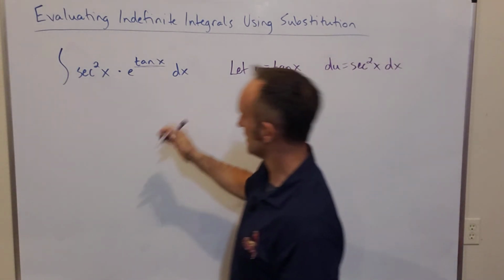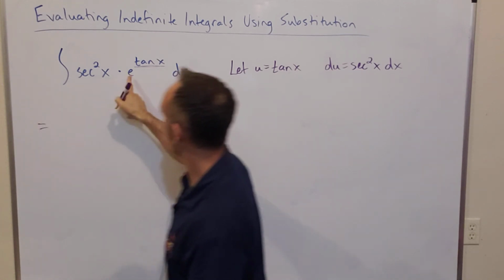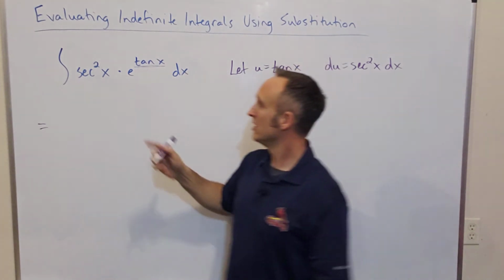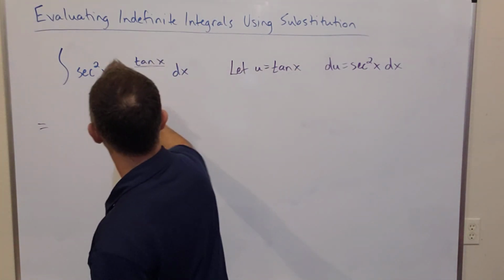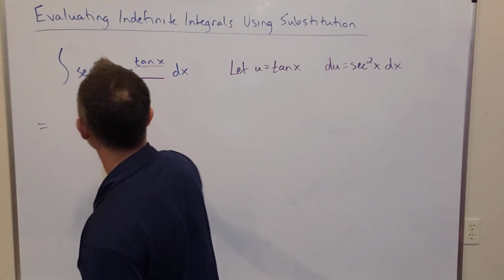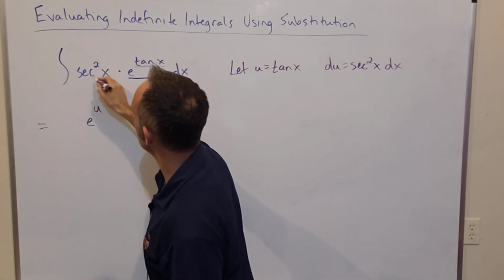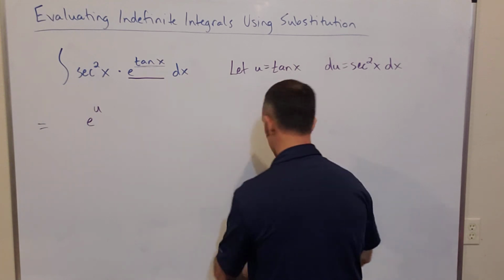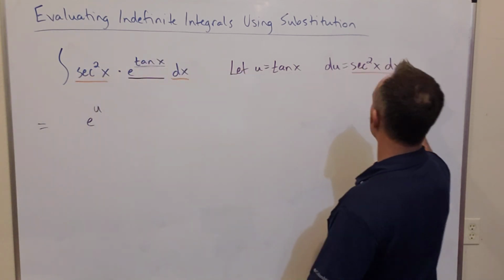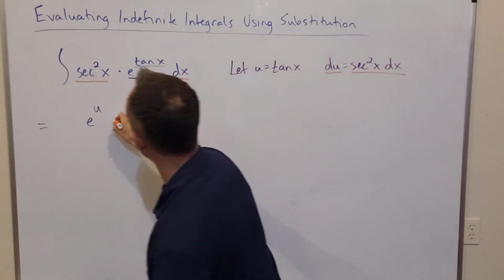And you can see by doing that, I'm not worried about the e because I know how to anti-differentiate e to a power. So e to the tangent of x turns into e to the u, and secant squared x dx turns into du.